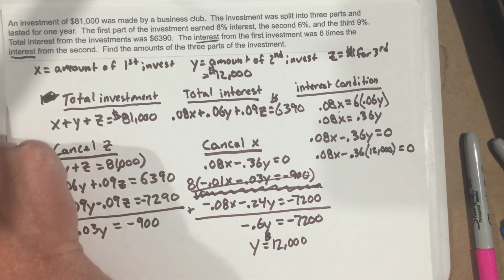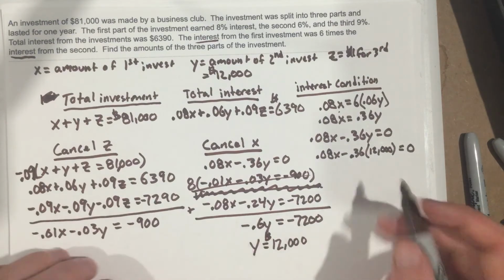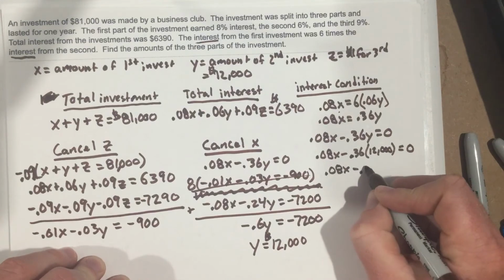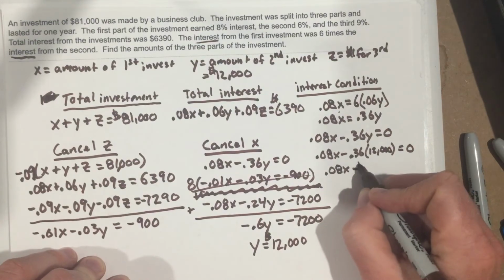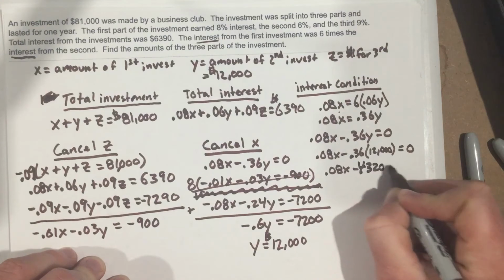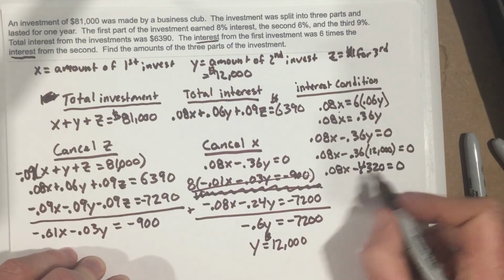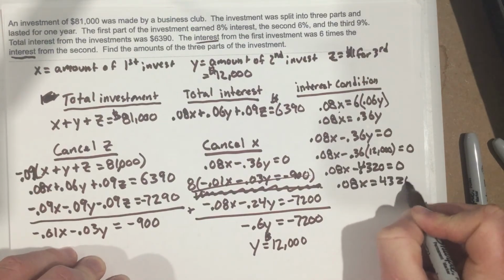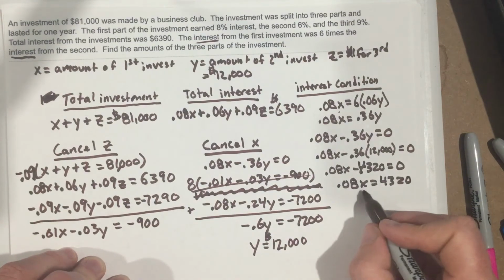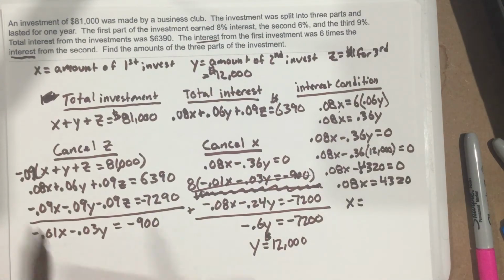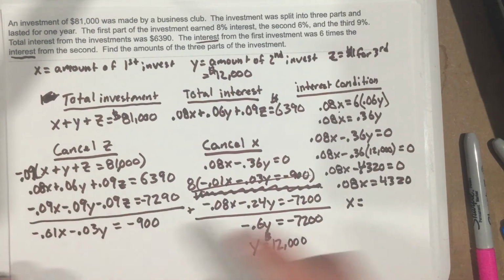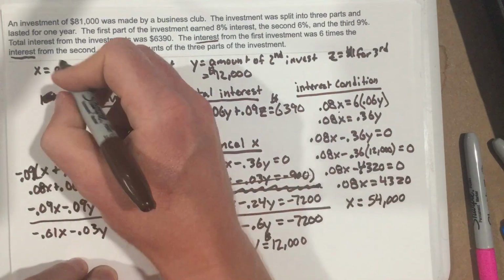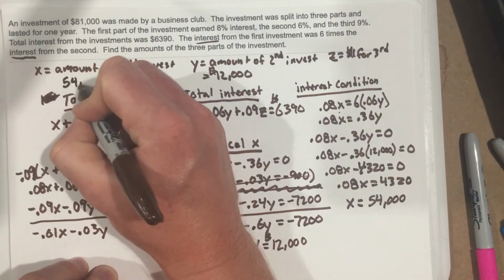That's 0.08x minus 4,320 equals 0. Add that over, you get 0.08x equals 4,320. Divide by 0.08 on each side, and we get 54,000. So our first investment had 54,000 invested.